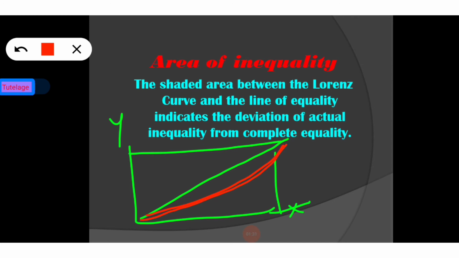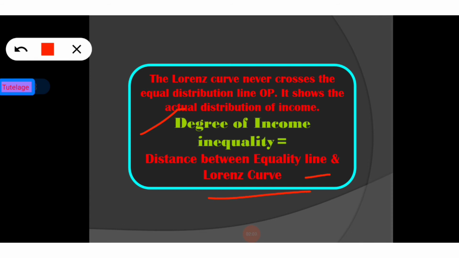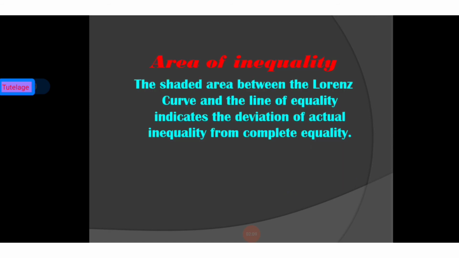The Lorenz curve never crosses the equality line, because the Lorenz curve shows the actual distribution of income and the equality line shows the equal distribution of income or wealth. So the distance between the Lorenz curve and the equality line shows the degree of inequality, and this area is called the area of inequality.